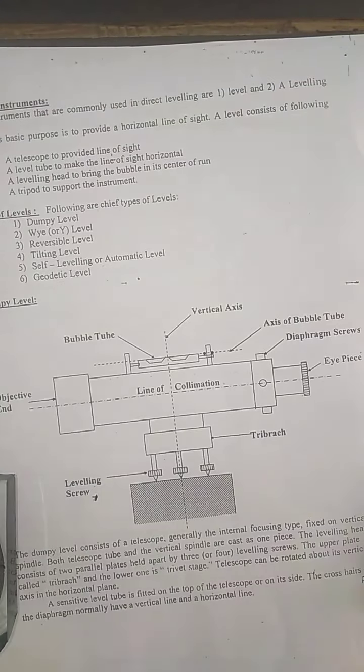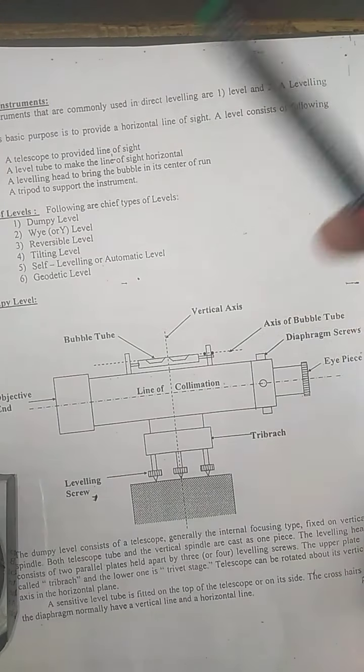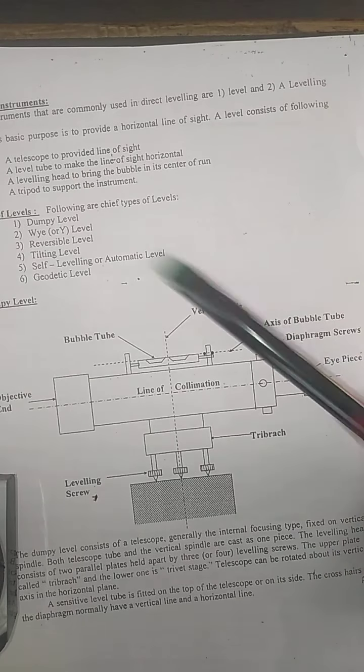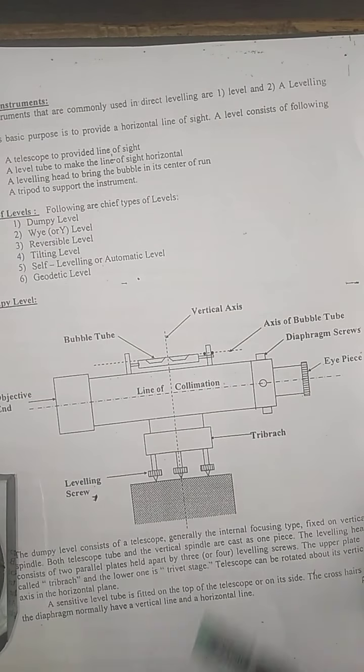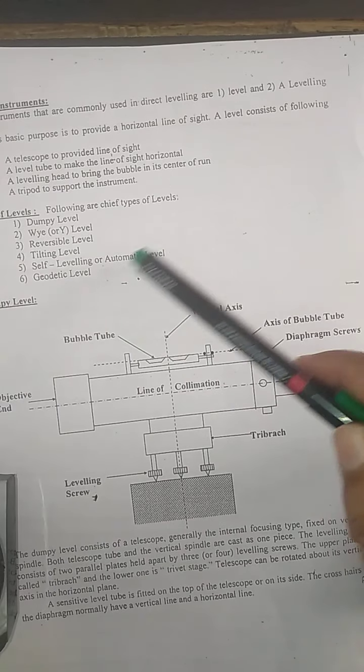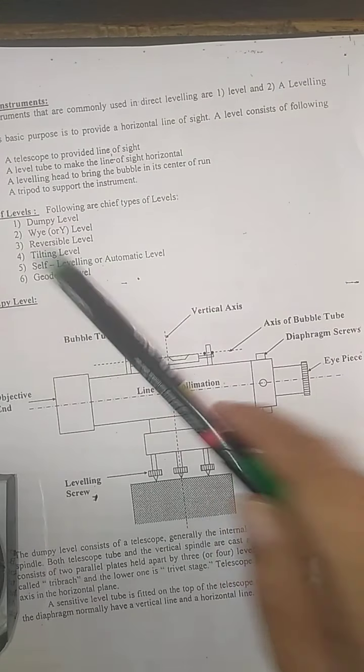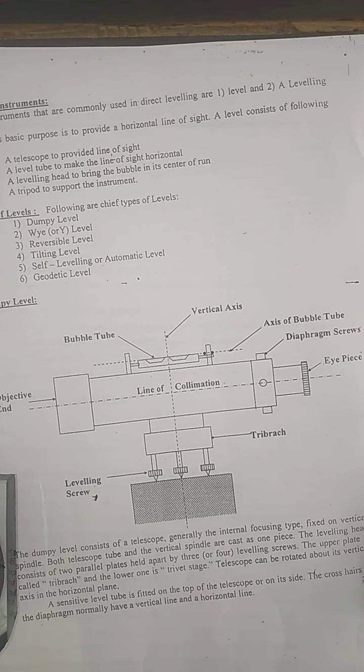The instruments we use in the field of leveling are the dumpy level, Y level, reversible level, tilting level, then the self-leveling or automatic level, which we call an auto level, and then the geodetic level. These are the different telescopic instruments that we use to sight the staff. What a staff is, I will explain.